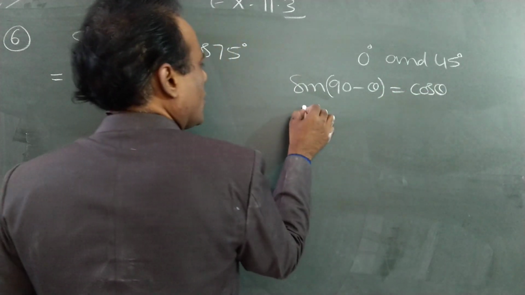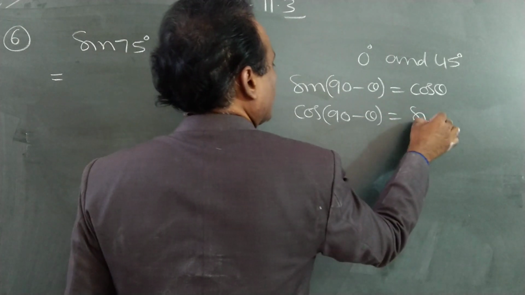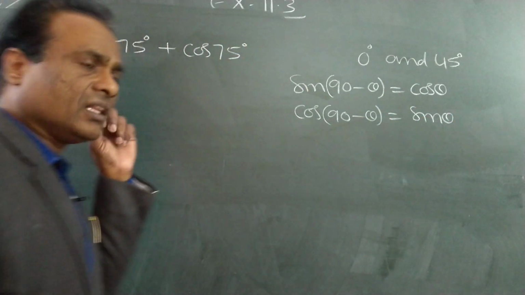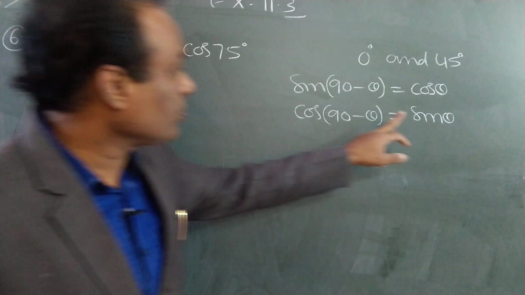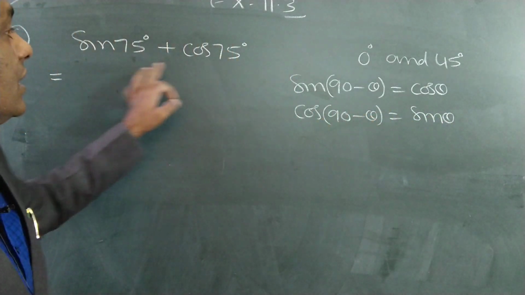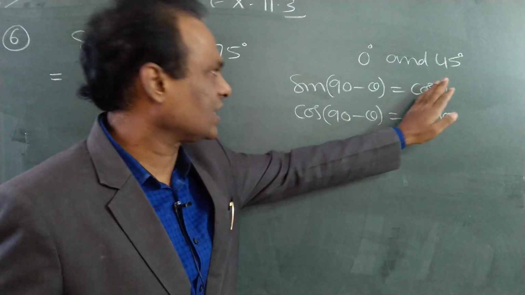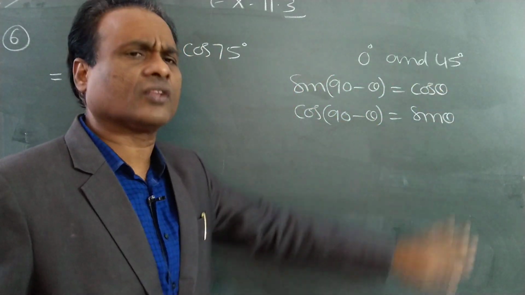Same formulas throughout this exercise. Cos 90 minus theta is equal to sin theta. In place of sin theta you write cos 90 minus theta, and in place of cos theta you write sin 90 minus theta. Like this we can use, or like this also we can use.